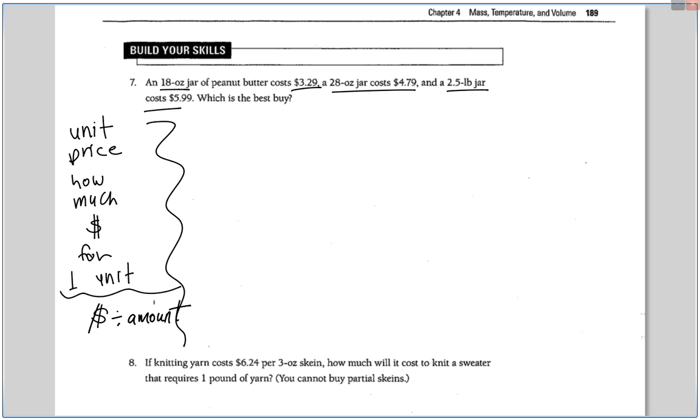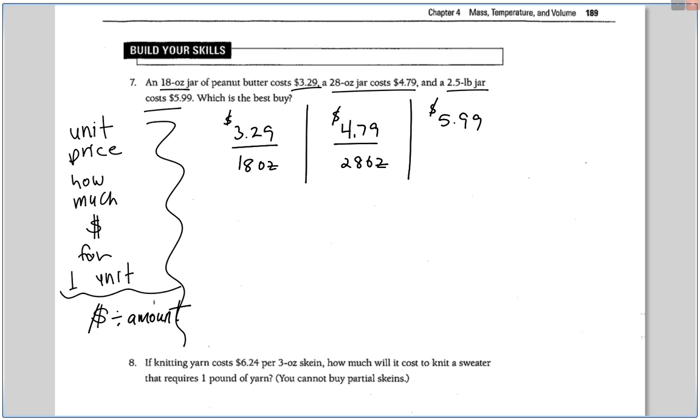And make sure if you want to compare, you have to have the same units. So if it's 3.29 for 18 ounces, you need to compare that with 4.79 for 28 ounces, and you got to compare that with 5.99 for 2.5 pounds. Now 2.5 pounds has to get converted to ounces.